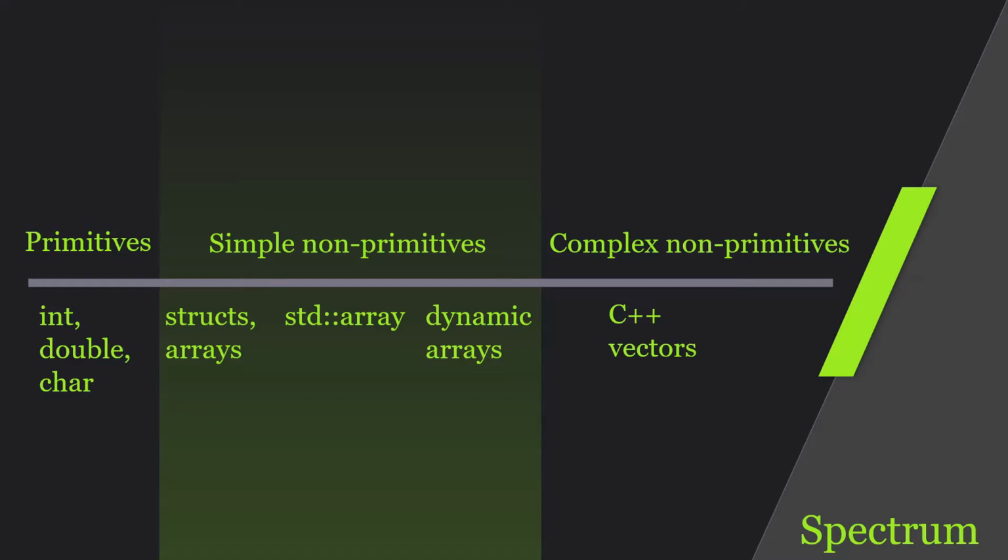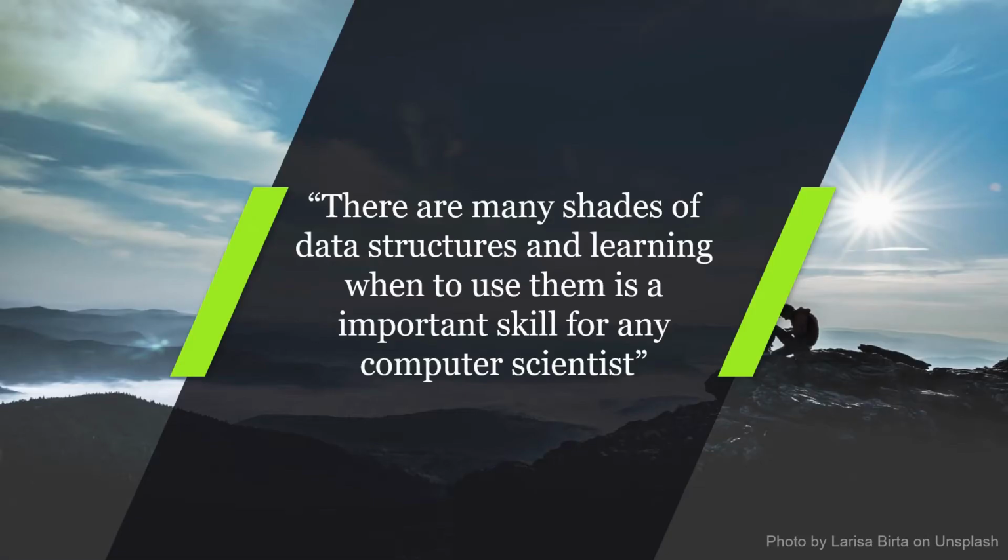So we would want to go more to a complex data structure. Each of these data structures are going to have their place based on what we're trying to do. And the goal of this lecture series is for us to start to learn when should I pick various data structures and how should I use them. And that's the important skill that I want you as computer scientists to start developing in this lecture series.